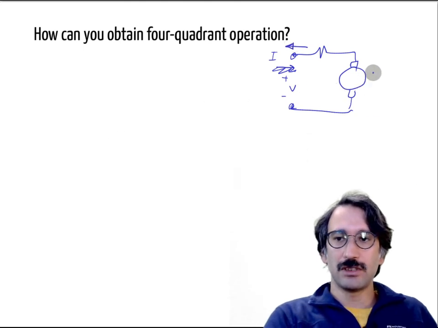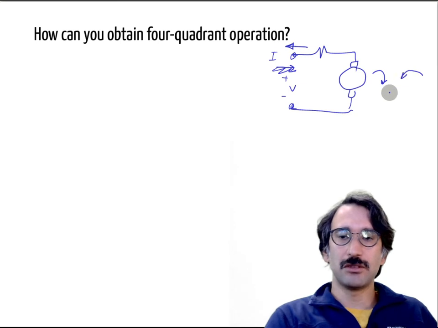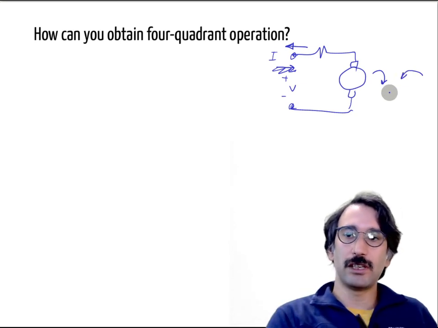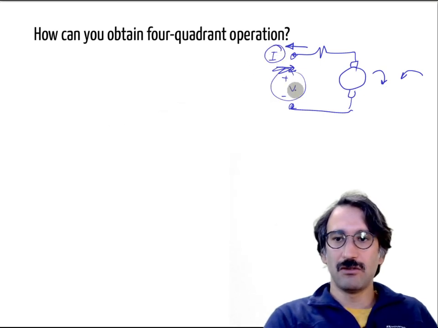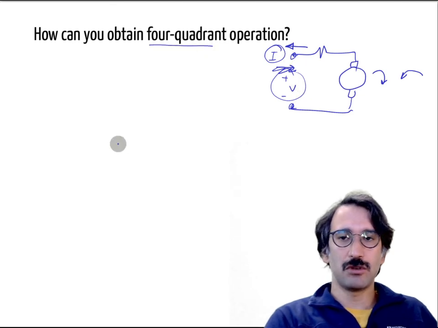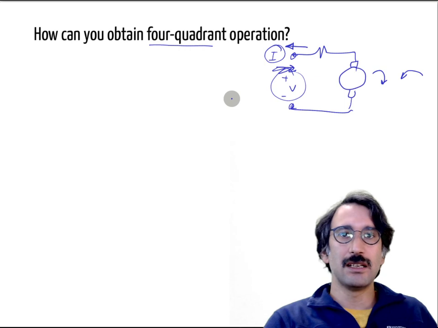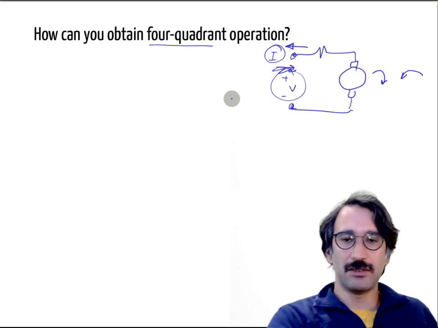Or instead of rotating it clockwise, you can rotate it counterclockwise, reverse motoring or reverse generating. So there are 4 different possibilities for the terminal voltage and the current. How can you obtain a 4-quadrant operation like that using a thyristor rectifier?